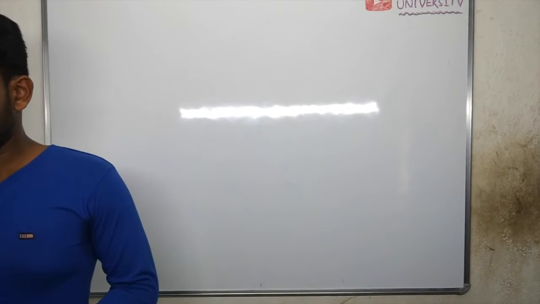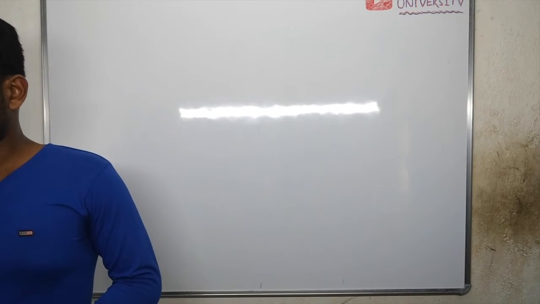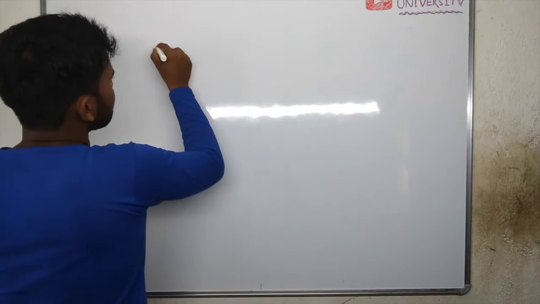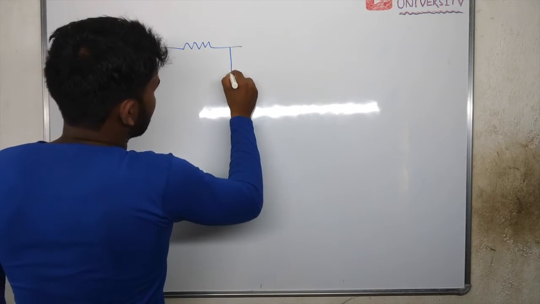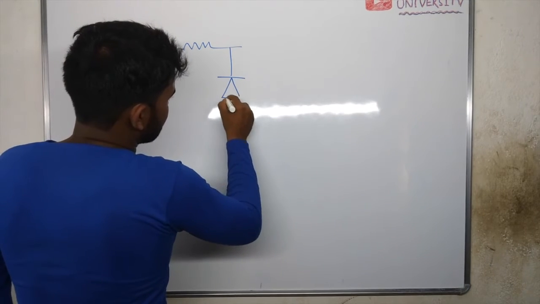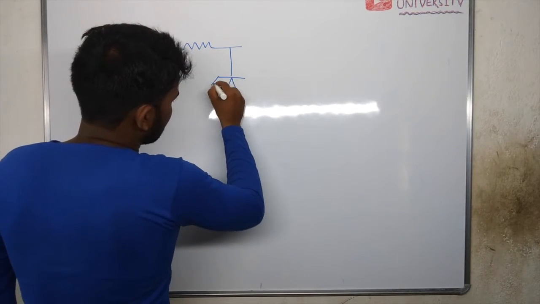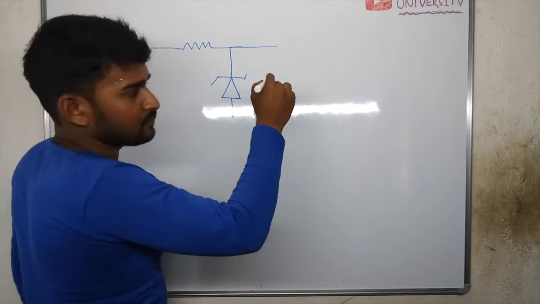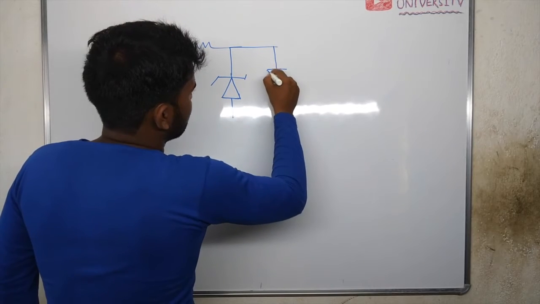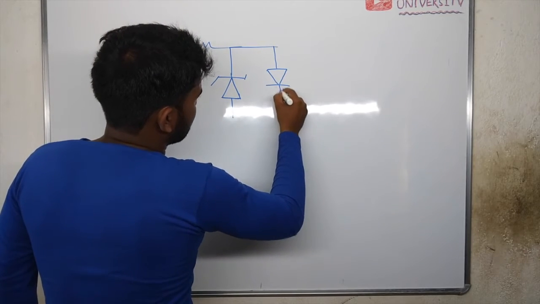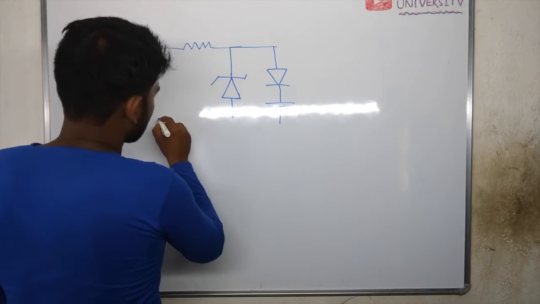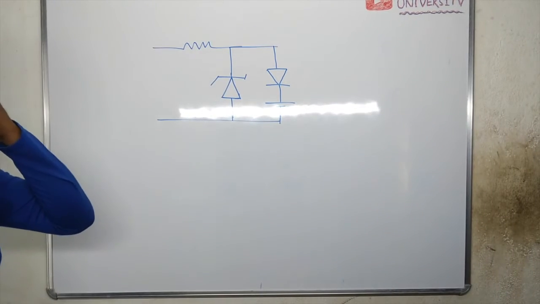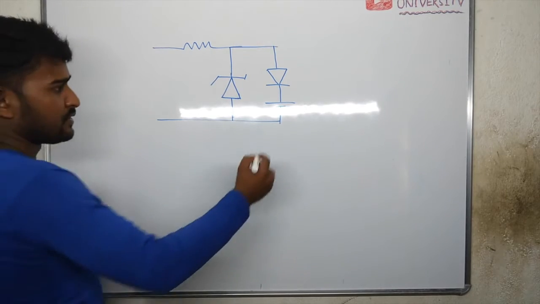A clipper circuit is shown below. Question number 21. A clipper circuit is given like this. It is using a Zener diode. This is 5 volt.